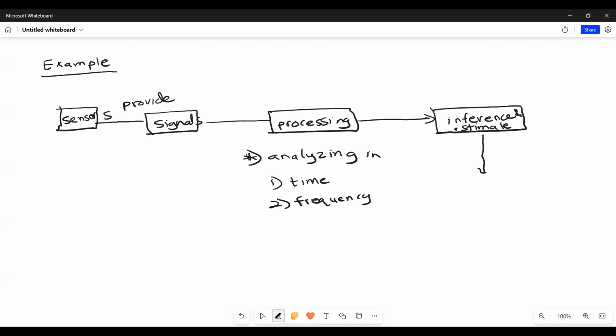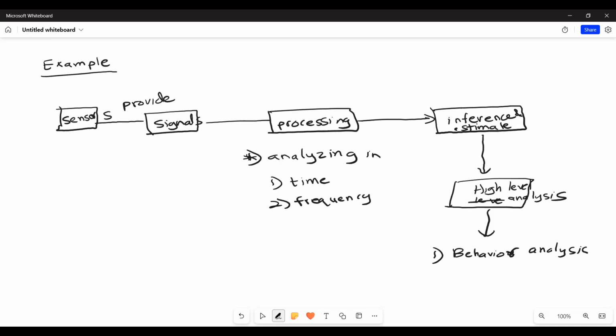Apart from that, after making the estimate, we can do high-level analysis using the estimates. High-level analysis means we are going to do analysis such as behavioral analysis and disease detection.